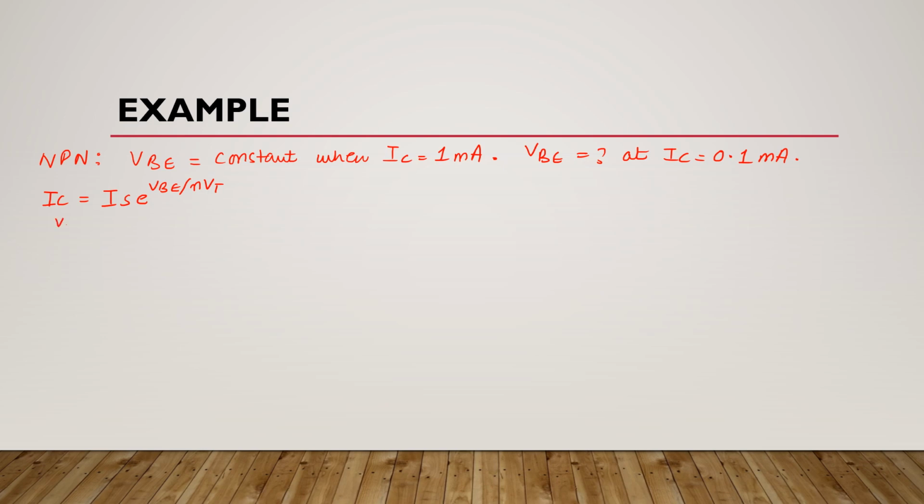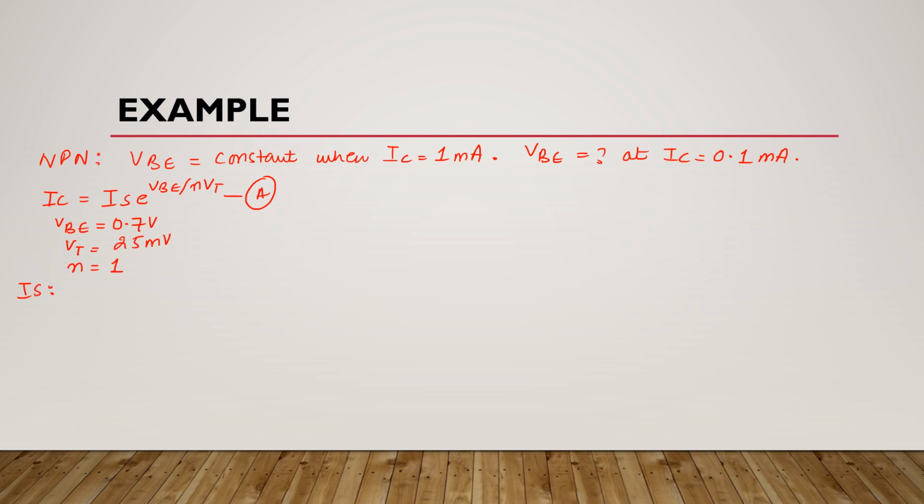It means its value is 0.7 volts here, and we know that the value of thermal voltage is 25 millivolts, and suppose this N is 1 here, and we know the value of IC. It means only IS in this equation is unknown. So first we'll find IS, which is saturation current.